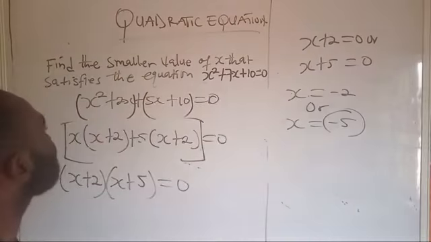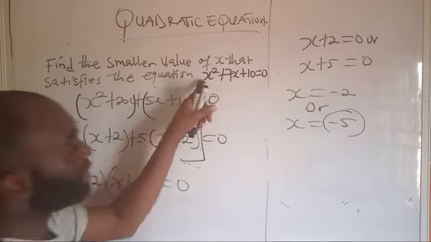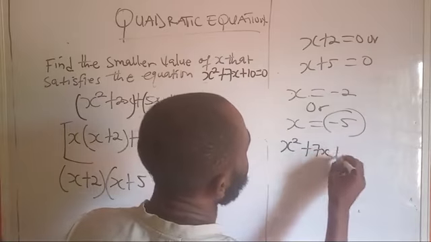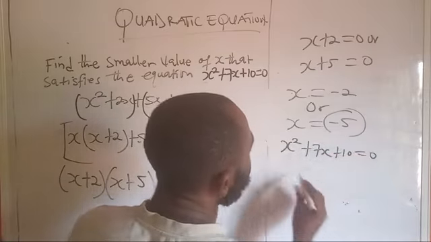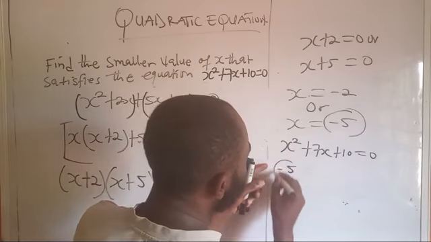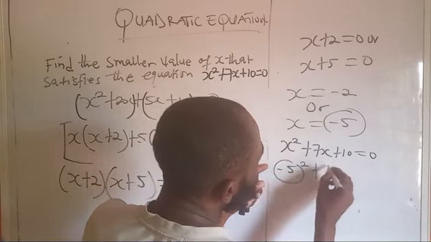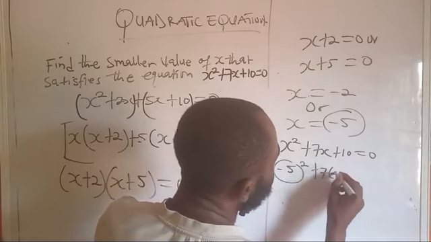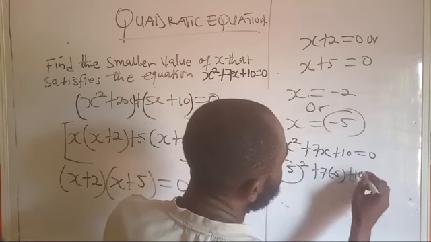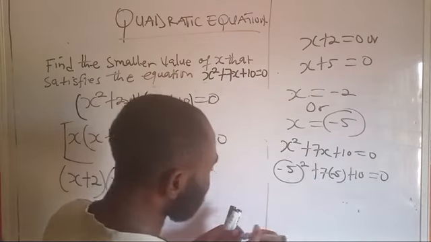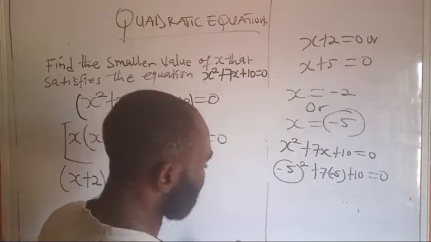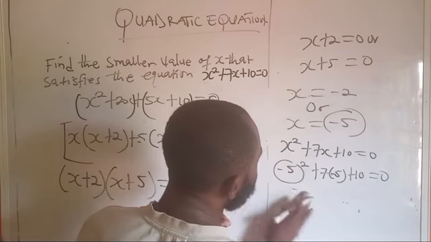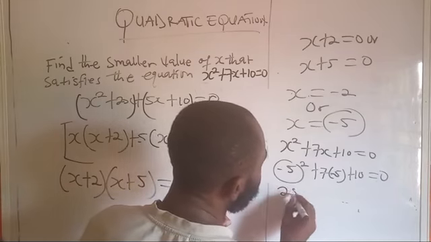So let's check from this equation whether it satisfies: x squared plus 7x plus 10 is equal to 0. Where you see x, put minus 5 squared, then plus 7 times minus 5, plus 10 is equal to 0. Minus 5 squared is, sorry, not minus 25, it is positive 25.